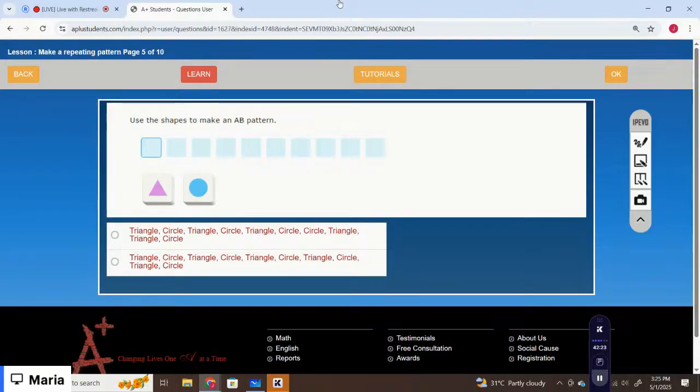Triangle, circle, triangle, circle, triangle, circle. No, that is not the correct option because here we have circle, circle, circle, triangle, circle, triangle, circle. Option number two is the correct option.